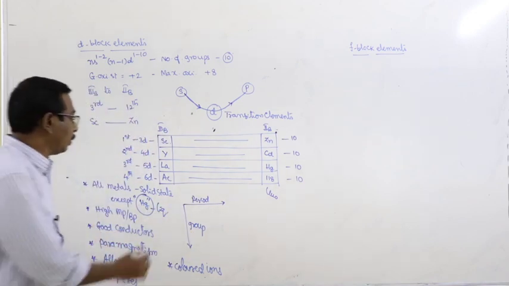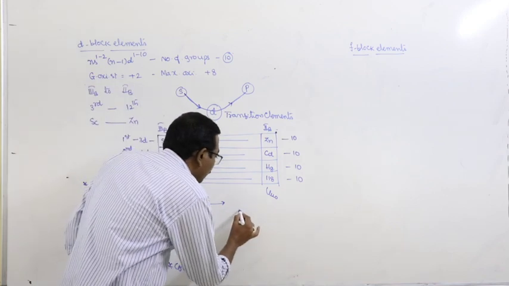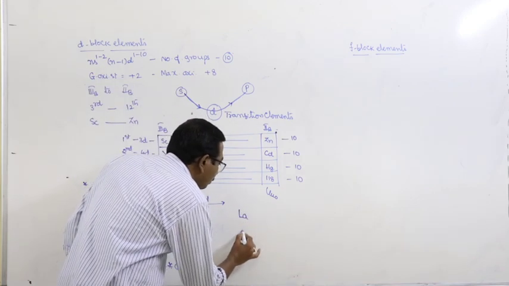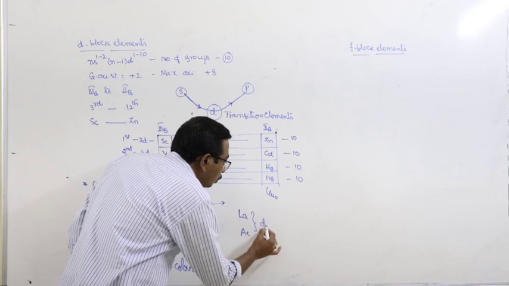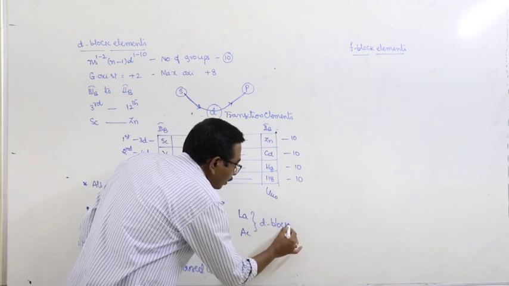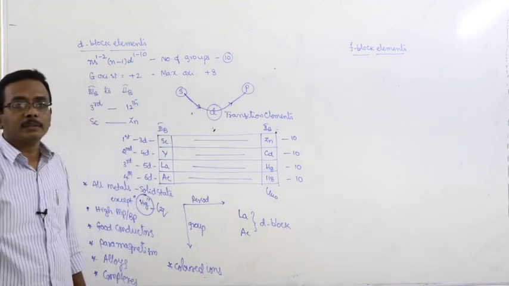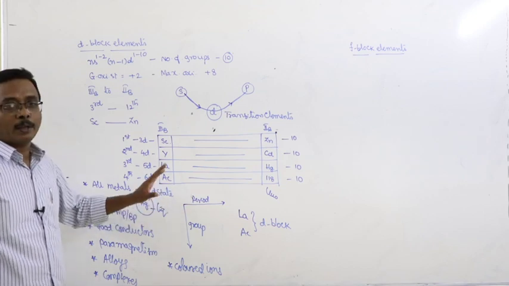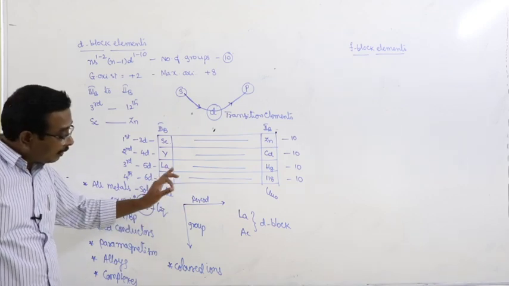And there is an important note. The elements lanthanum and actinium belong to the d block, but not the f block. That is a very, very important point.